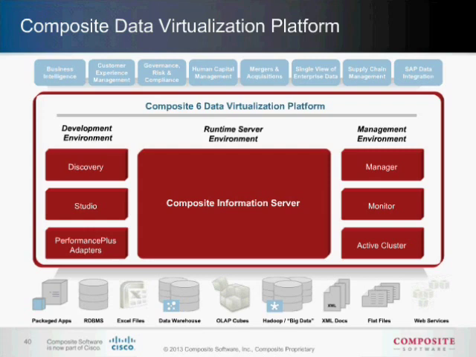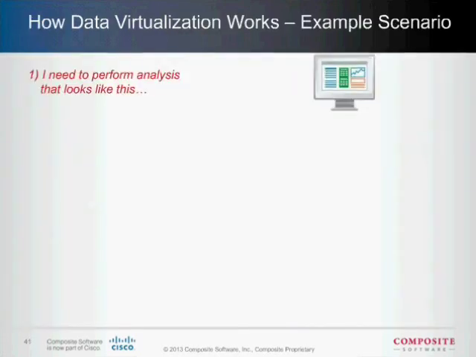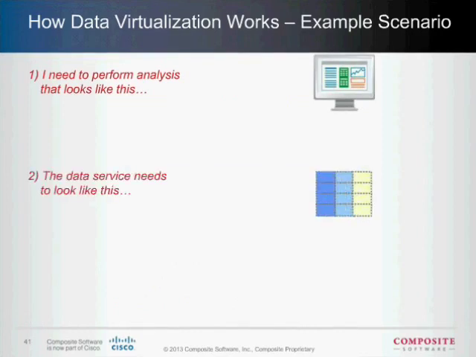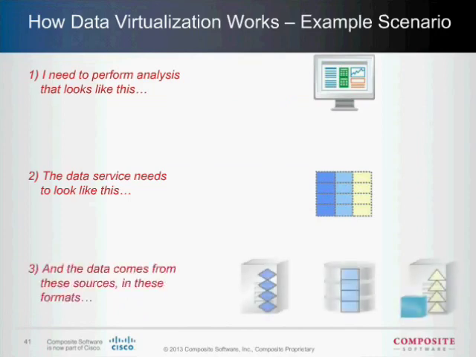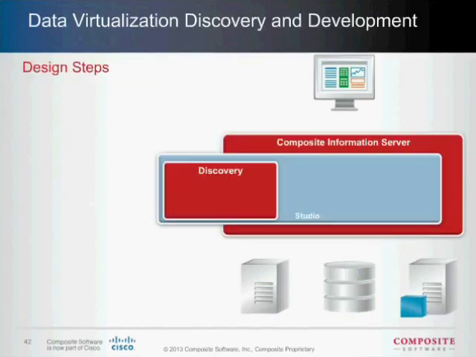Now, how data virtualization actually works is you generally start with the idea that I have some kind of application that needs some data that may look like a particular tabular data set, or maybe it's a hierarchical data set, whatever the case may be, but that data exists in multiple places. And so what you do with data virtualization is you take that reality and you start to use the tools to discover exactly what data is available and what those schemas look like.